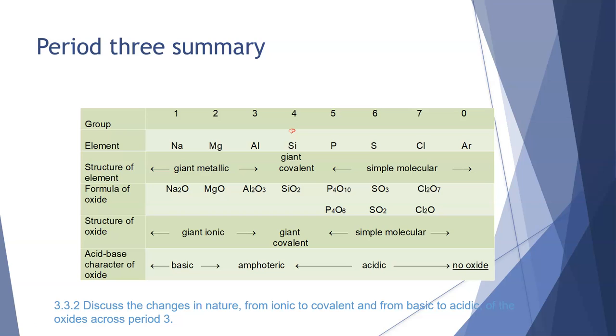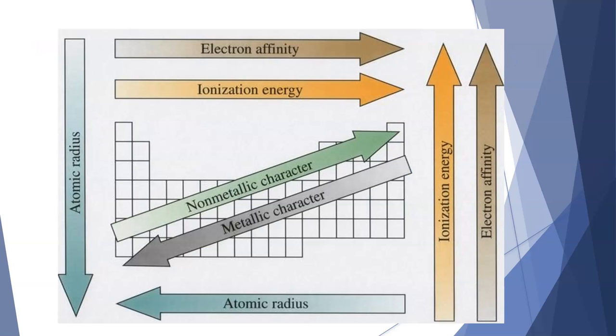Of course, metals will exhibit metallic bonding, non-metals exhibit covalent bonding, carbon and silicon form giant covalent networks that we will learn more about, and then when a metal reacts with a non-metal, we get an ionic bond. So this picture here gives a summary of the trends.